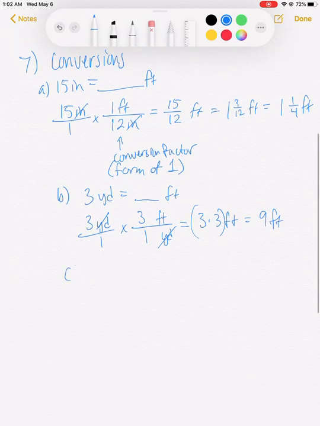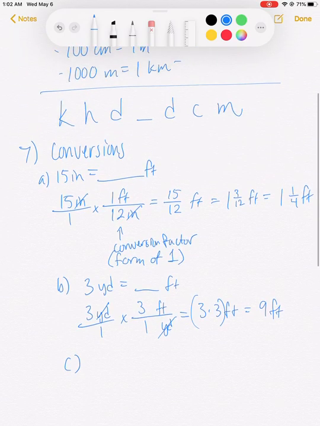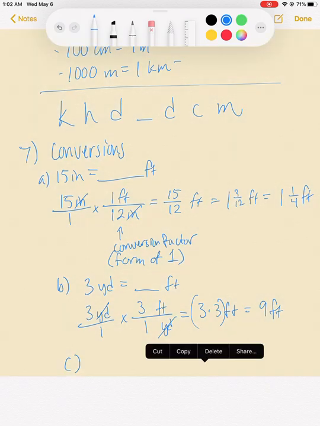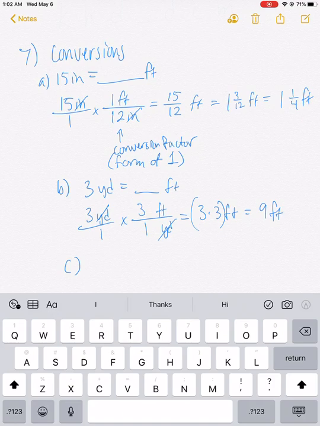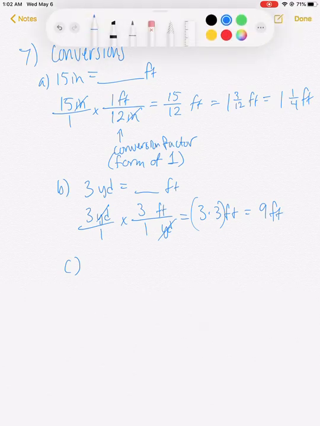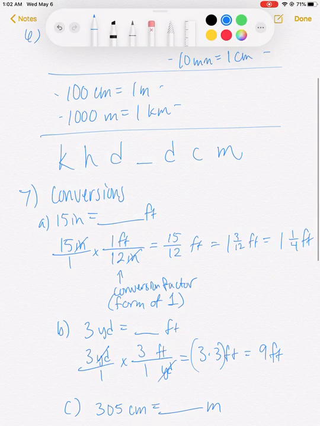Let's do another conversion, part C, with metric. We go up to our mnemonic, and let's say that we don't remember. Let's write a problem first: 305 centimeters. We convert that to meters. I'm starting with centimeters here.